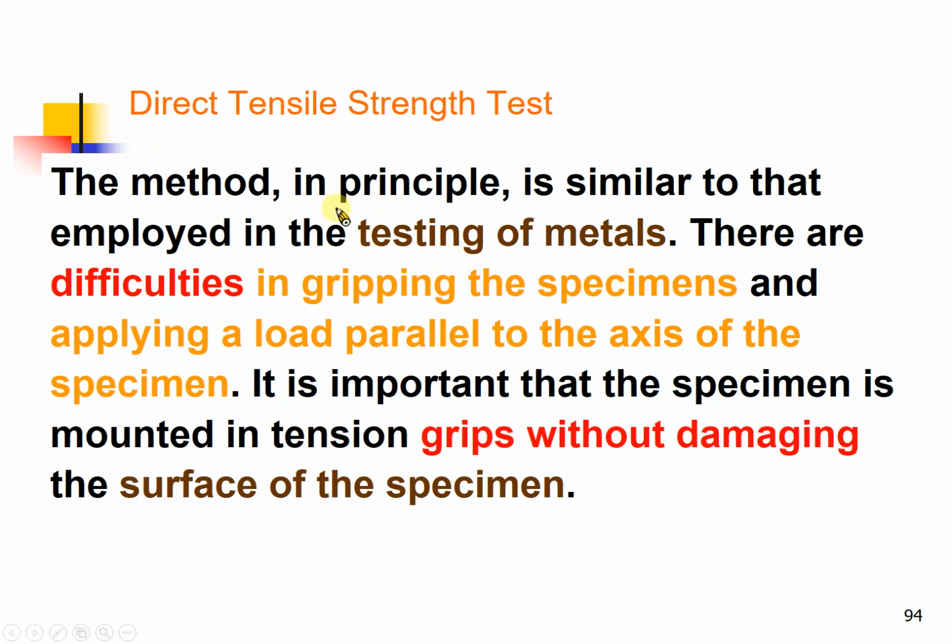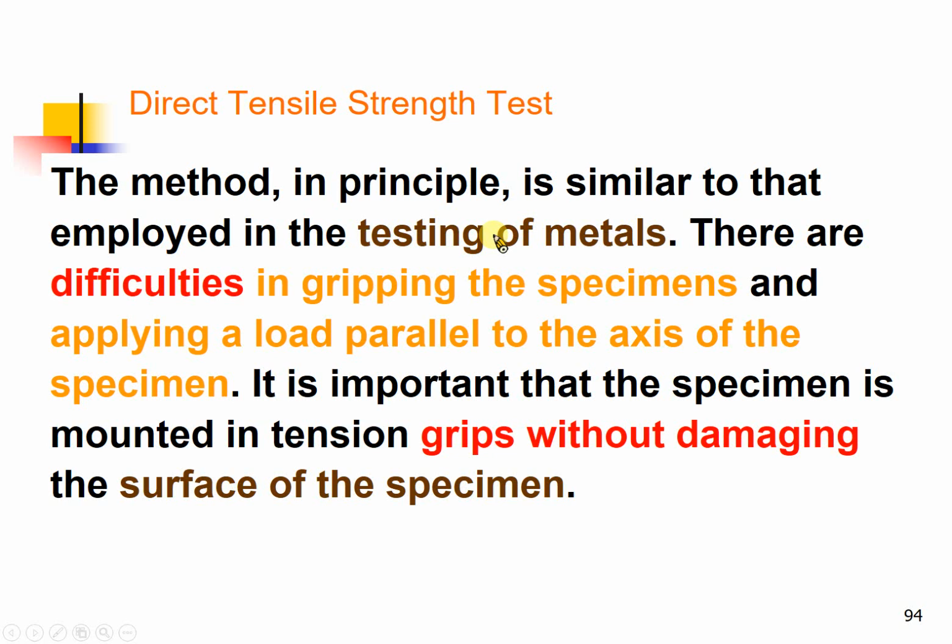And then I'd like to introduce you to the direct tensile strength test. For the tensile strength test, we will have 3 different types to get the tensile strength of rocks. Please notice this will be a very big difference between rock mechanics and soil mechanics.